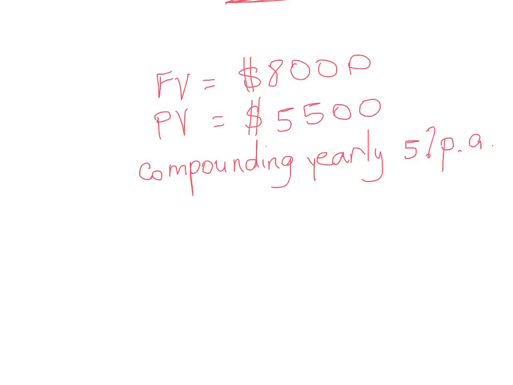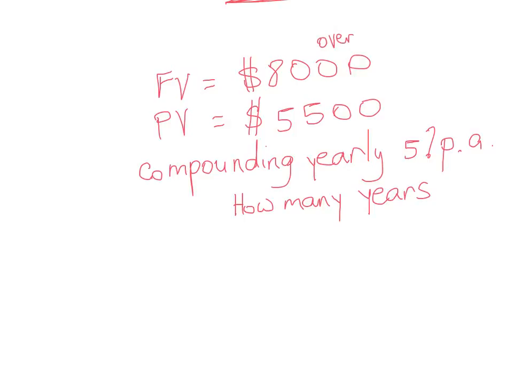And I want to know, how long did that take to happen? So how many years did it take for me to end up with over $8,000? Let's say over $8,000.